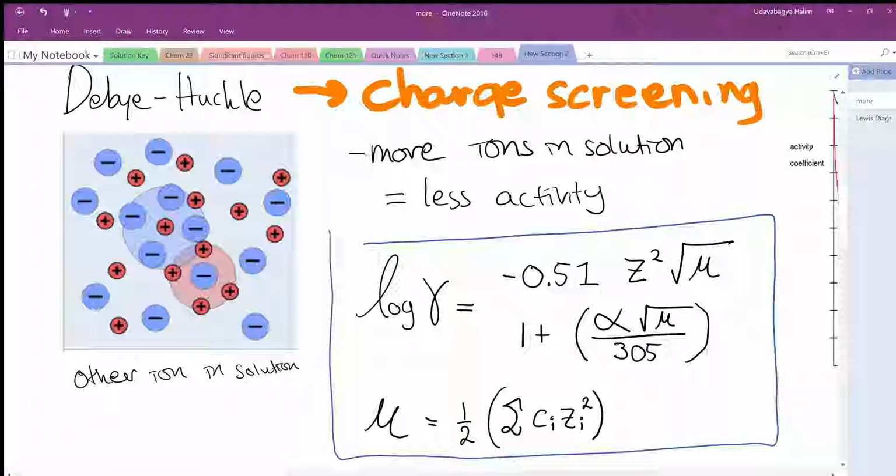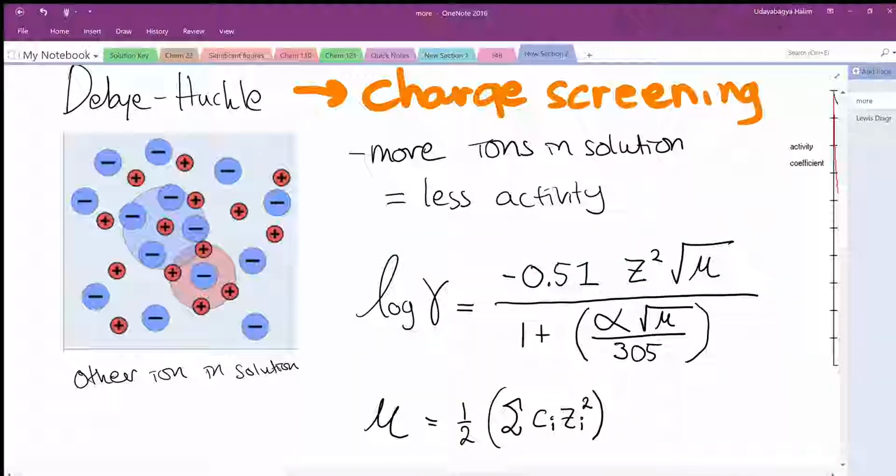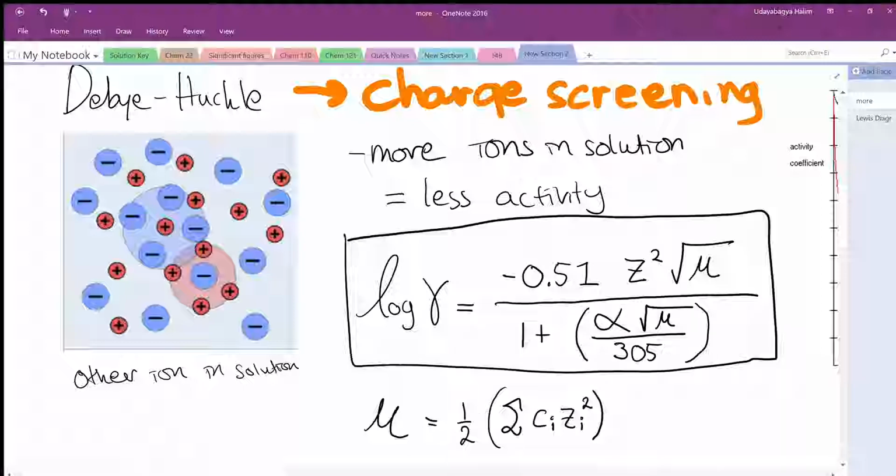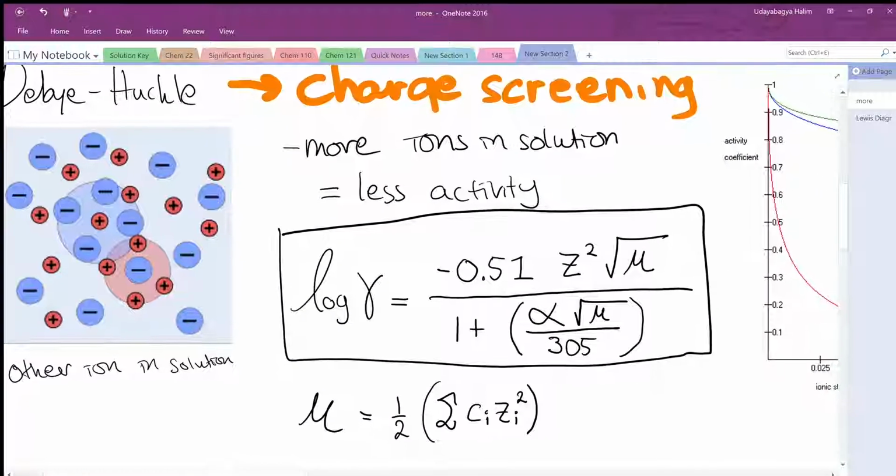The first equation that you want to know is how the activity coefficient is related. The mathematical expression that you want to write down is something like this. The log base 10 of the activity coefficient is -0.51 times z squared times the square root of mu. By the way, what is mu in this case from your lab?